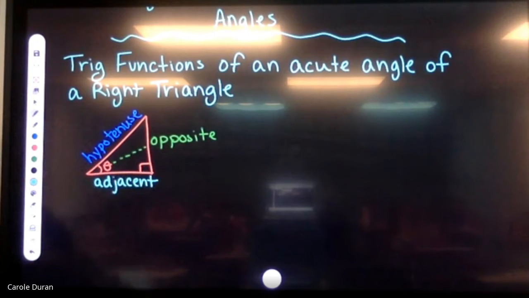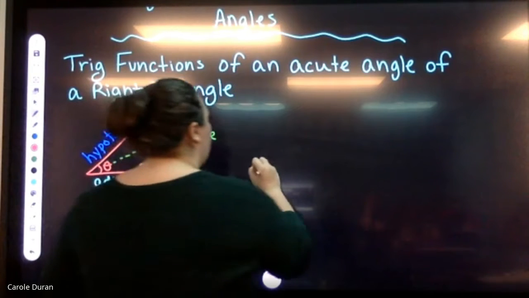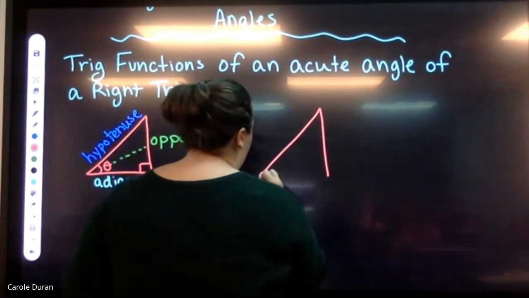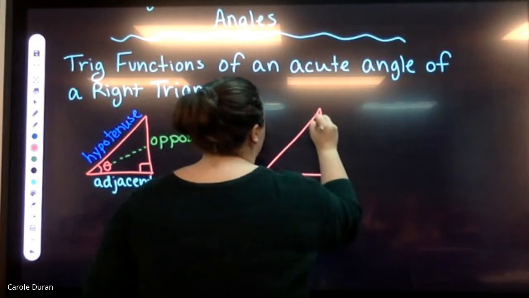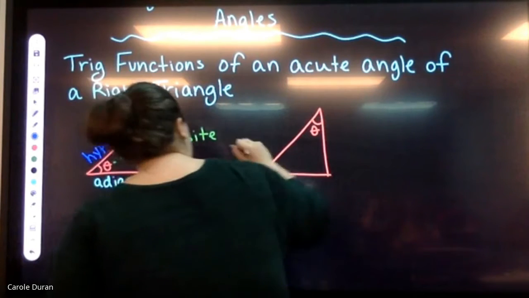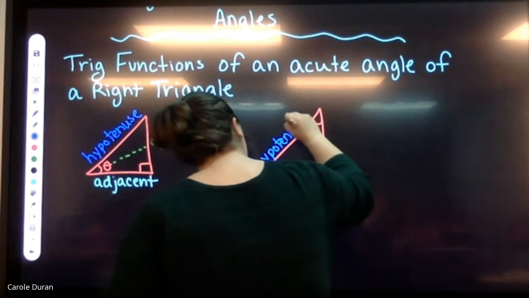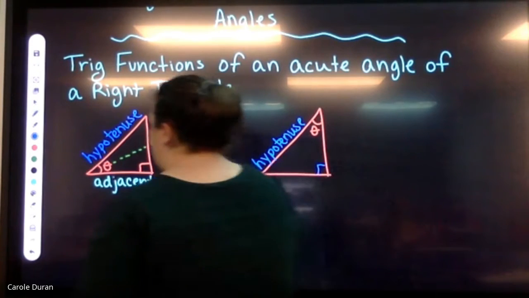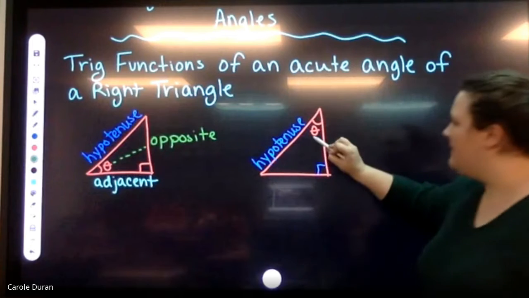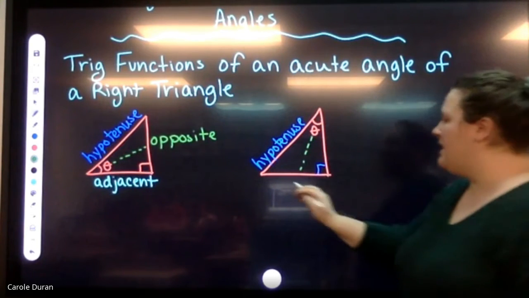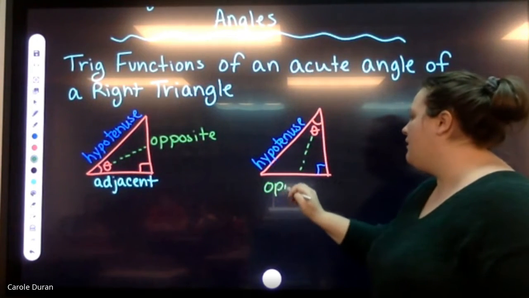The position where theta is determines which side is opposite and which side is adjacent. So for example, if I had the same triangle, but I made my other acute angle my theta, that's going to change where my opposite and adjacent are. So again, my hypotenuse is the diagonal. My opposite side then would be the bottom leg, because that's the one that is opposite my angle theta.